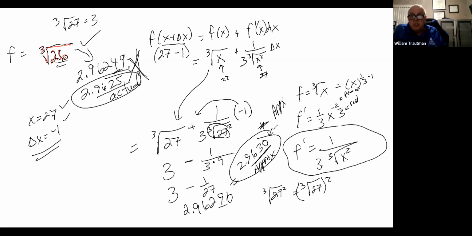It's going to say use differentials to find the approximation for the third root of 26. All right, so try a few of those, try a couple of different ones. In the book, I'm looking in the book, it's hard to find.